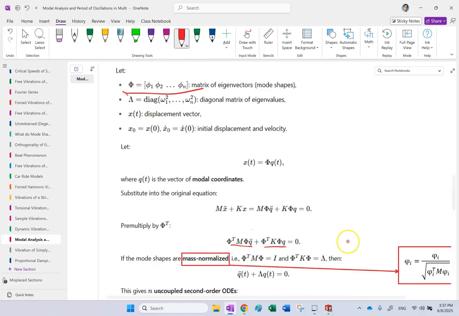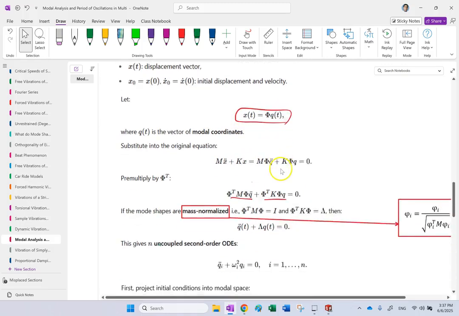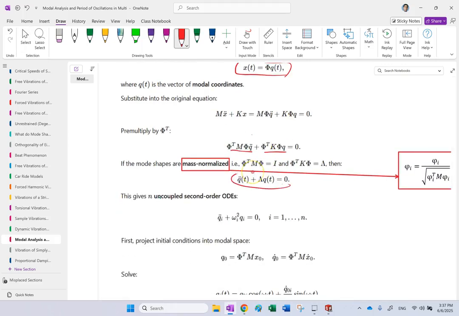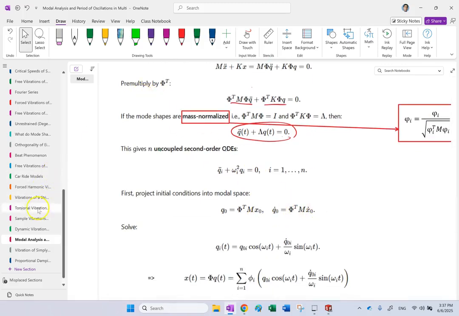Now, by doing a simple transformation like this, x equals phi times q, where phi is the modal matrix and q's are the modal coordinates, I can go from the x coordinates to the q coordinates, where for the q coordinates, the equations are decoupled. So you can easily do that, and you can find the solution for any initial condition.